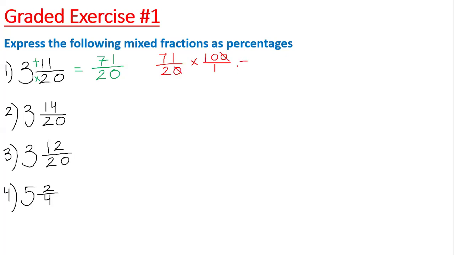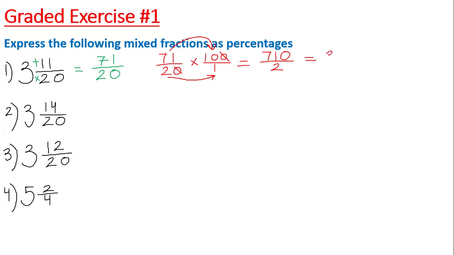And we are left with 71 times 10 and 2 times 1. And what is 71 times 10? 710. All over 2. Good. And what's your answer for this one? When we divide, we get what? 355%. So 710 divided by 2 is 355%.